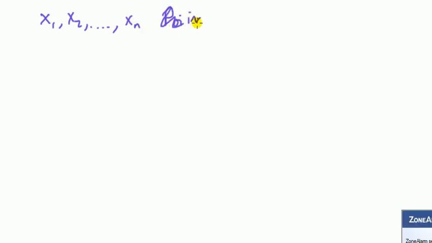Okay, I'll do one more example, and this time let's say that they're independent from Poisson. So this time we've got something that is discrete.